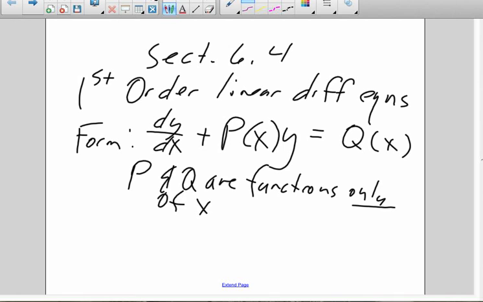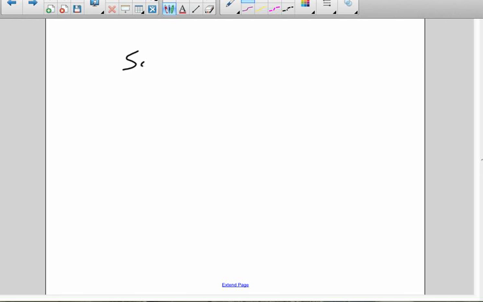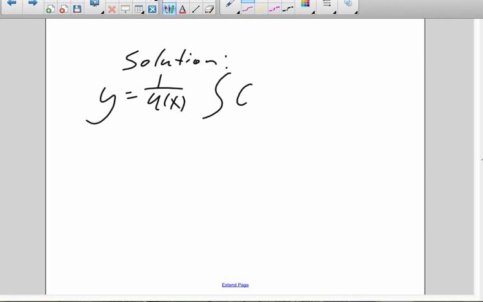Okay? And our solution occurs in the form y is 1 over some function u of x times the integral of q of x times u of x dx.